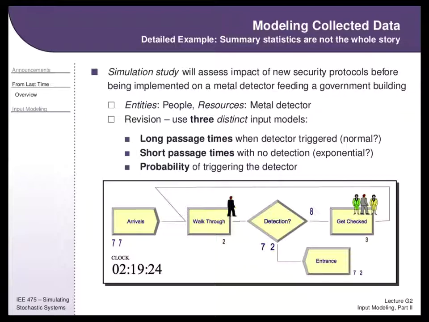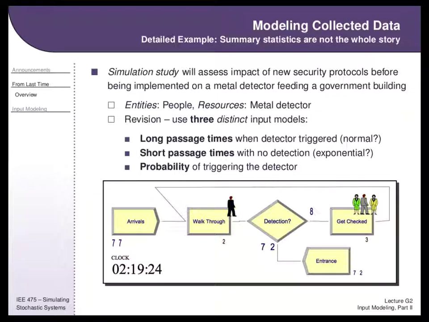Now, most likely, you would keep track of how many times people went through. If they've gone through the metal detector more than twice, then maybe you'd shoot them off to a different process rather than gunking up the metal detector. You might prioritize them, so you can build a priority queue here.